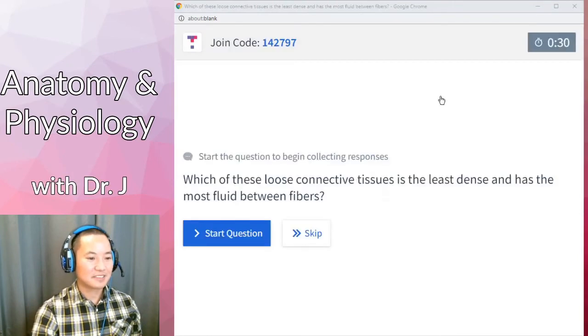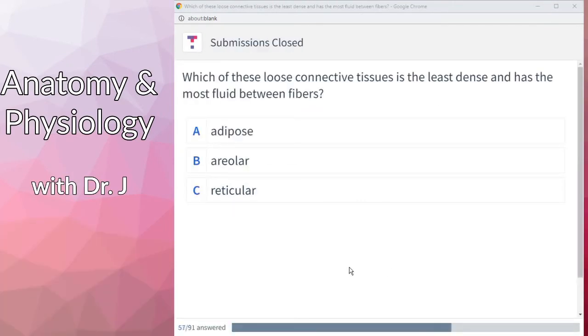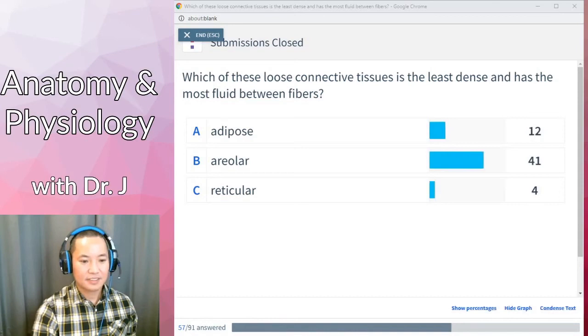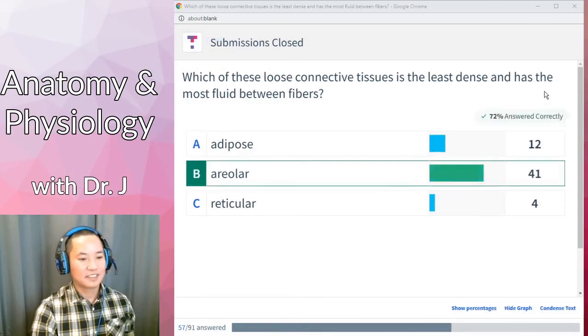Next question. Okay, let's see how everybody did. Most of you said areolar, and most of you are correct. Think about reticular: you have all those collagen fibers, so we can eliminate that. Adipose tissue is a loose connective tissue, but areolar, if you look at that picture, has very loose networks of protein fibers, but not too many cells.